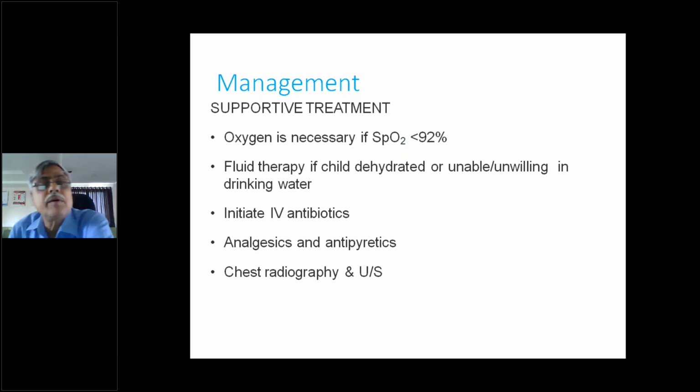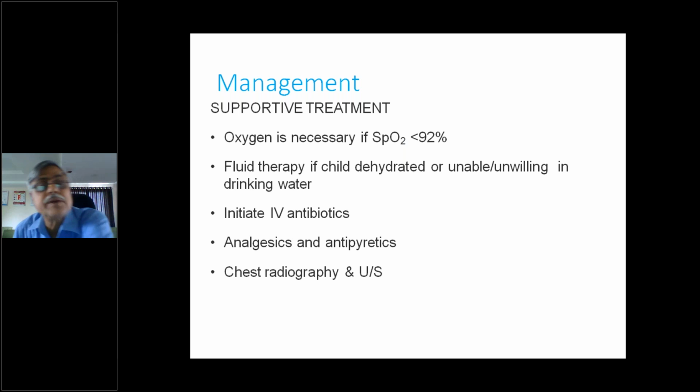The cause will be known by examining the pleural fluid, whether it's a transudate or exudate. Then he must treat the cause. So initially he can give antibiotics. If it is due to pulmonary tuberculosis, that comes a little later on.